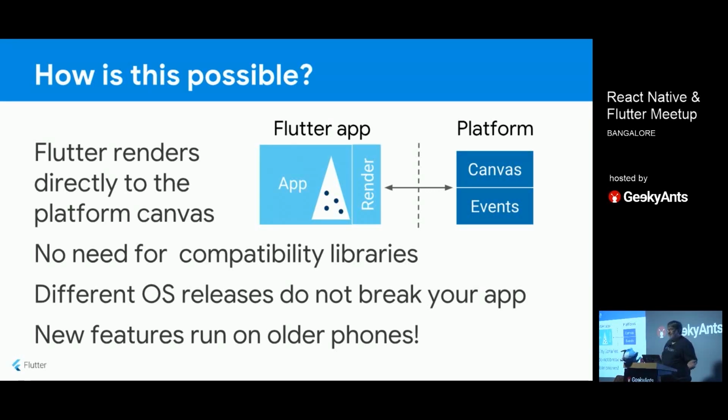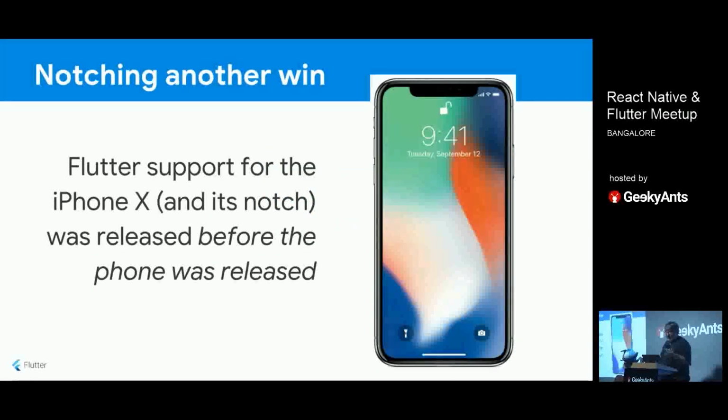This is really awesome, right? This makes a huge difference. An example of this is when the iPhone X came out. Everybody was surprised because it had this weird notch at the top, right? Flutter actually supported the notch before Apple did. You could write an app in Flutter before the phone came out, right?